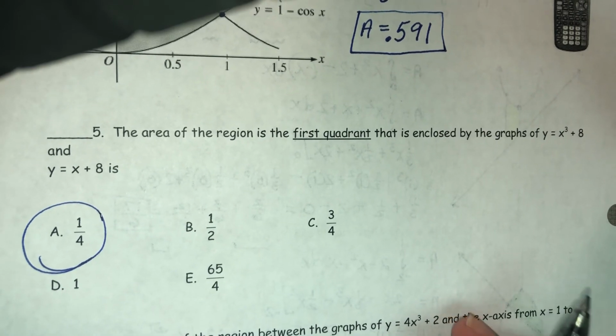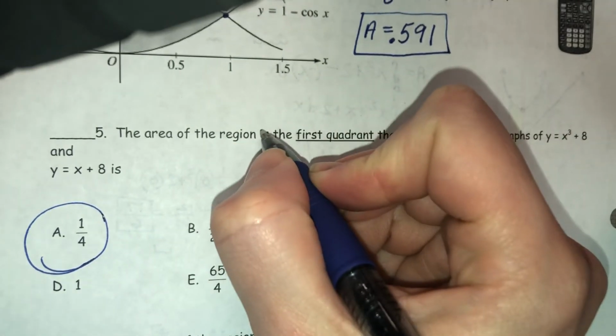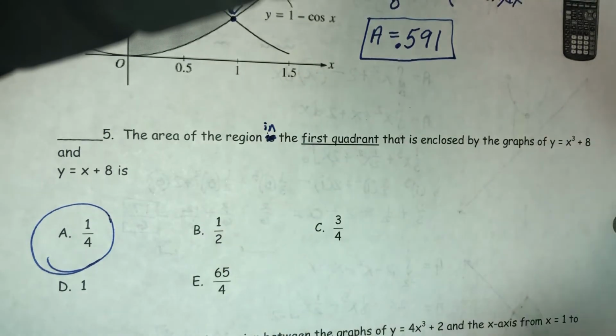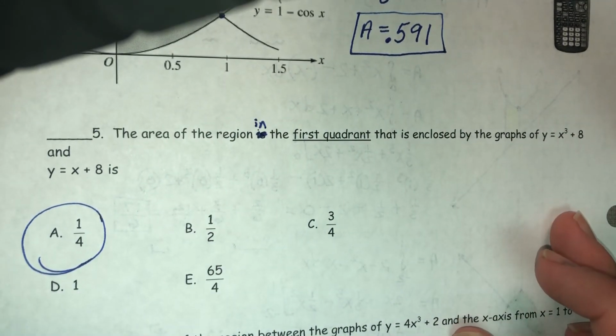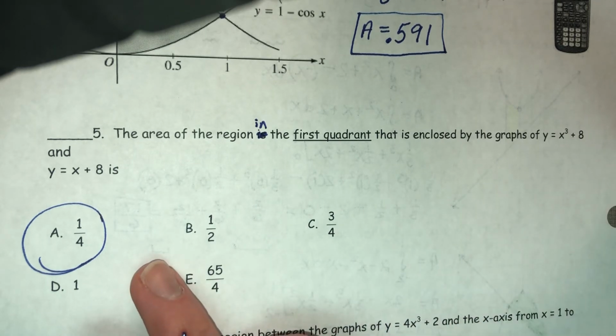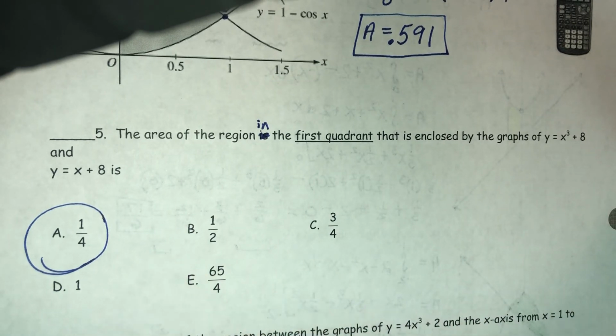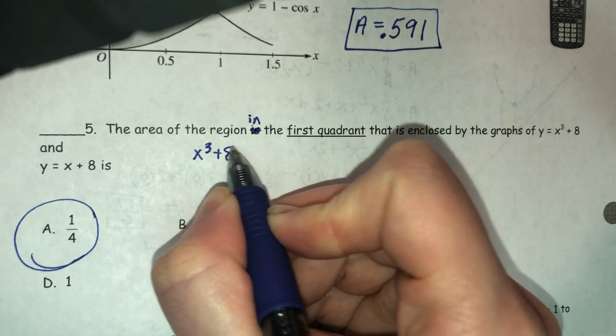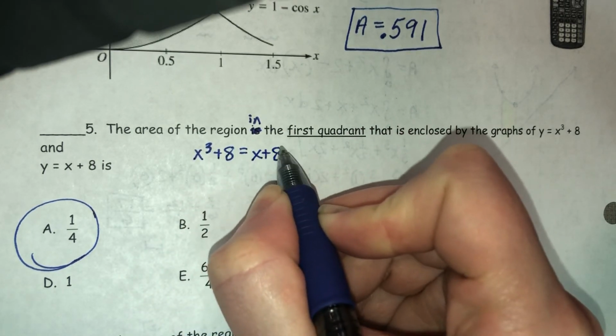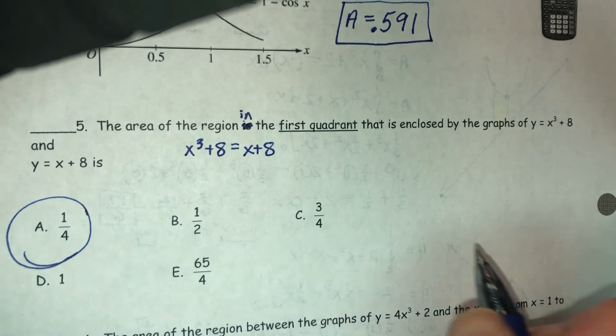So number 5 says the area of the region, this should have been in the first quadrant, that is enclosed by the graphs of y equals x cubed plus 8 and y equals x plus 8 is. So the first thing we have to do is set these equal to each other: x cubed plus 8 equals x plus 8, to find their intersections.